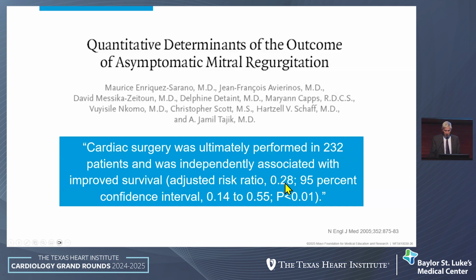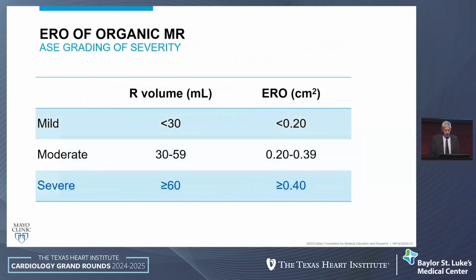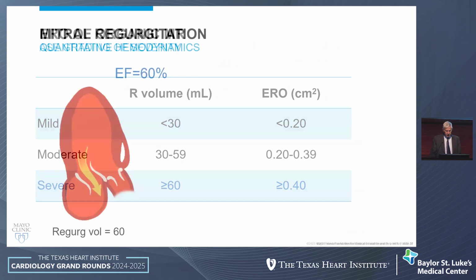And the adjusted risk ratio of patients who underwent mitral valve repair was 0.28 compared to patients that didn't have surgery. And there are very few things that we do in medicine, cardiovascular medicine and surgery, that have that kind of impact on patient survival. So these numbers are familiar to all of you, and they're the general categories of mitral regurgitation as assessed volumetrically.